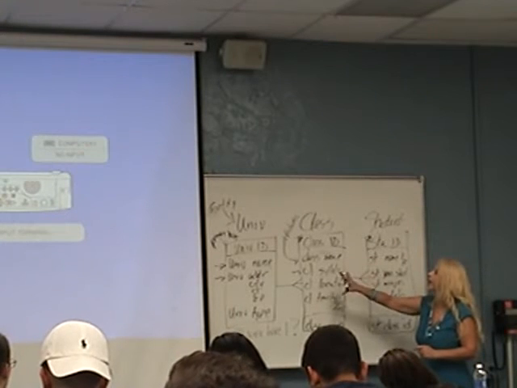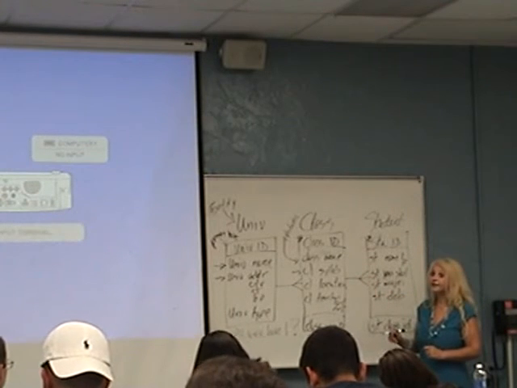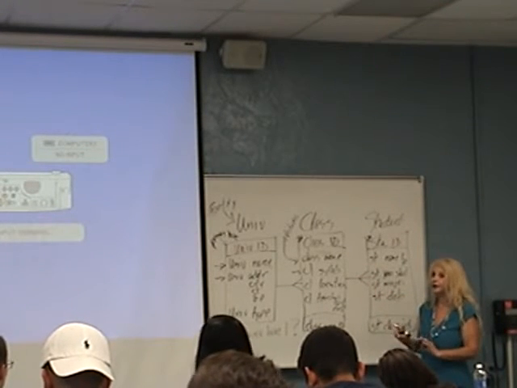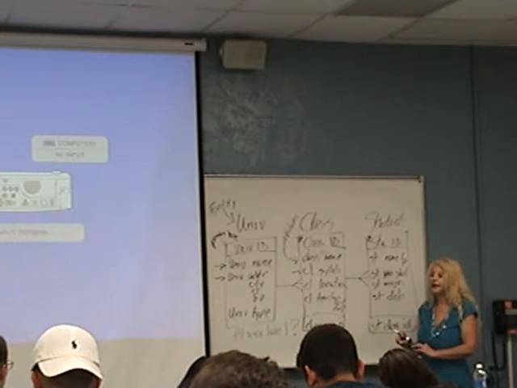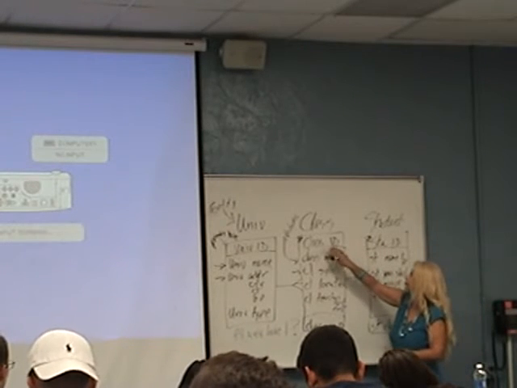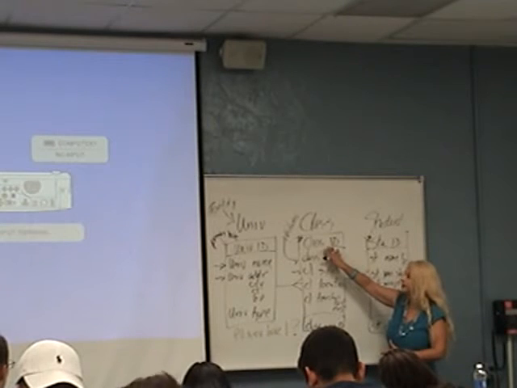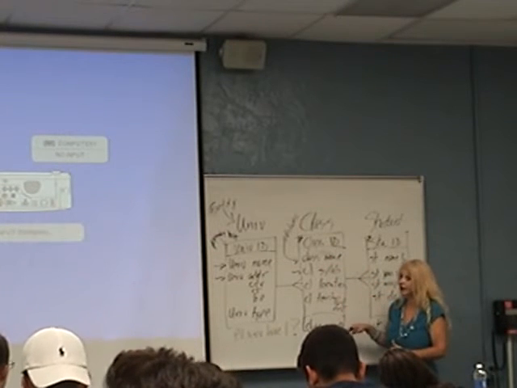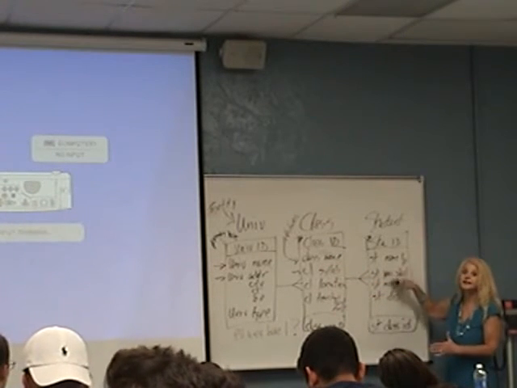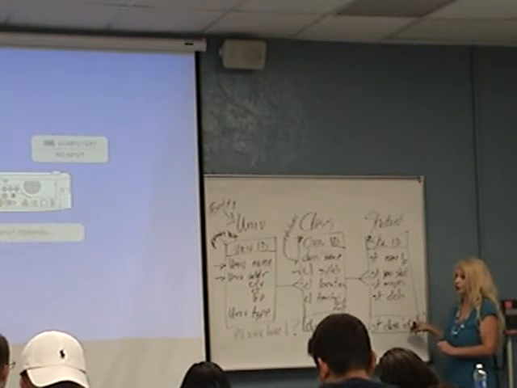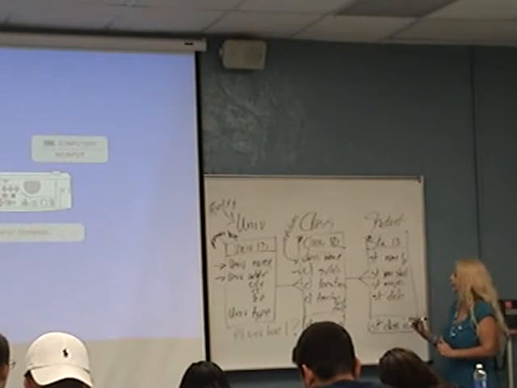So every one of these entities has a field in it, an attribute in it, that's called a primary key. A class ID is going to uniquely identify a class. A student ID is going to uniquely identify a student. All right.